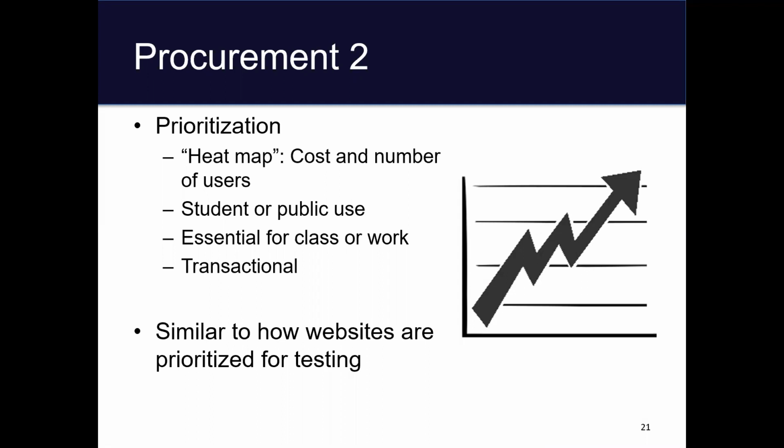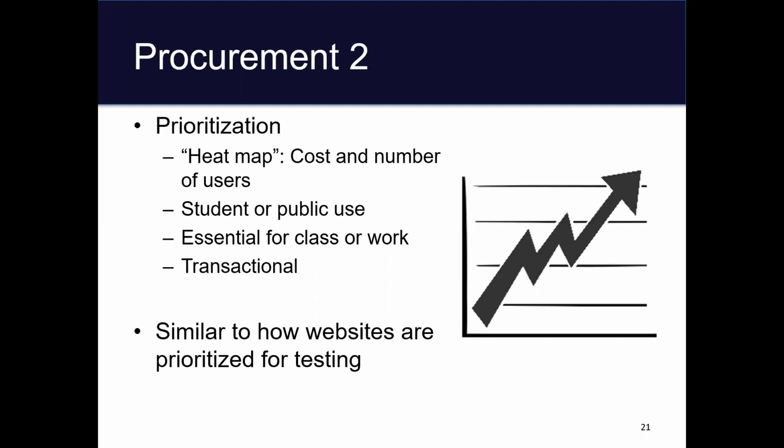A solution that's going to be used by one individual or department might be a lower priority. Another criterion is that student or public use will always be prioritized. If the solution is necessary for a student or a member of the broader community to engage with UConn, then it must be an accessible product.